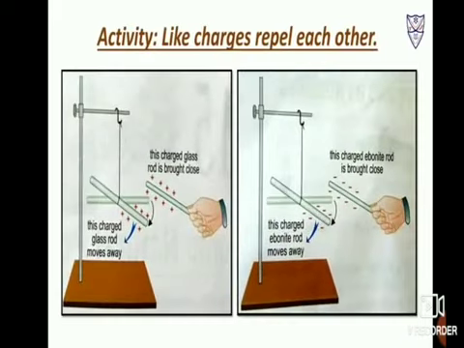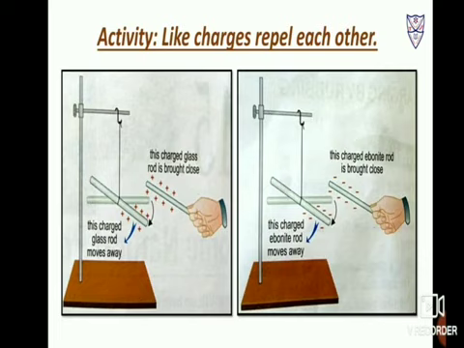Now to understand this, let us go through this activity. This activity shows that like charges repel each other. What are we going to use? See the first image: we have two glass rods, and in the second image you will see two ebonite rods, and a piece of silk cloth, a piece of fur, a wooden stand and silk thread.